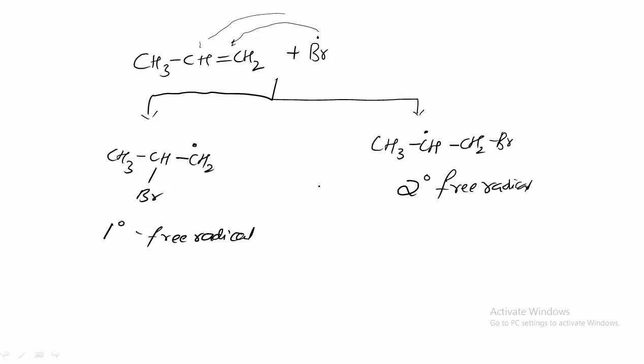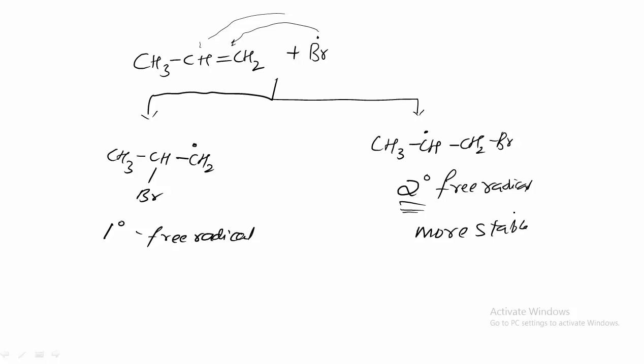Among these two, which one is more stable? The secondary free radical is more stable than primary. So therefore, since the secondary is more stable, it will undergo reaction immediately and thus it will give the product.